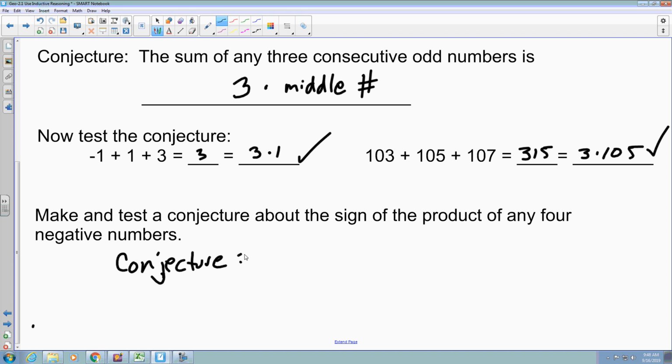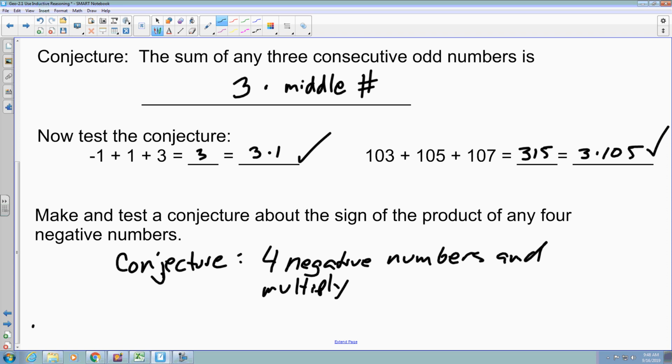If you take 4 negative numbers and multiply them, the result will be a positive number.